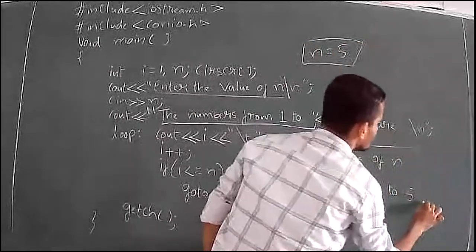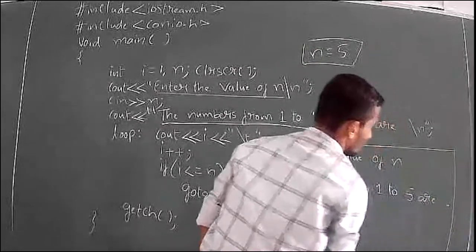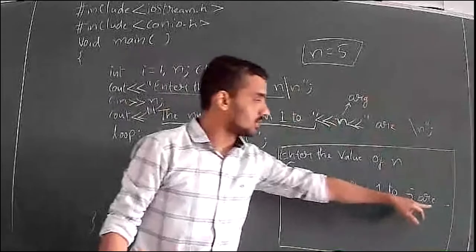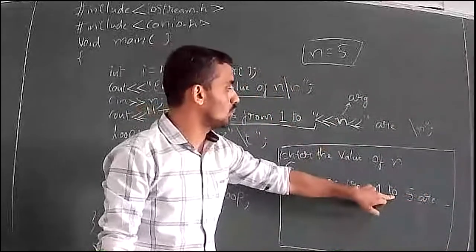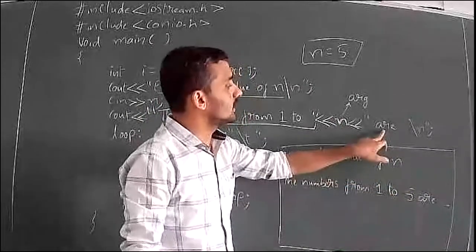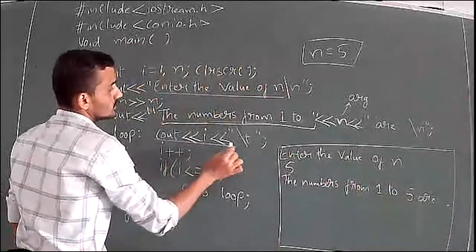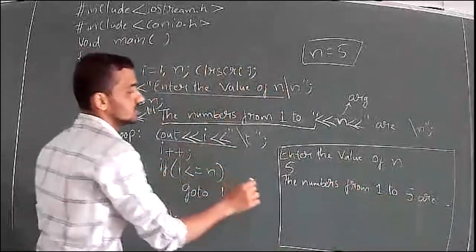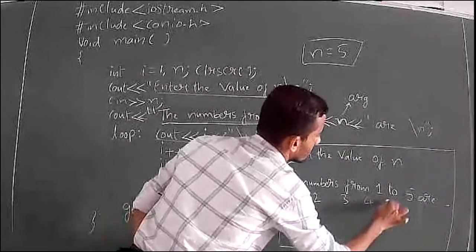Then the word "are" is printed as it is with 3 dots. So the numbers from 1 to 5 are is printed like this. Then you observe this statement: here the value of i is 1, then it keeps on printing 1, 2, 3, 4.